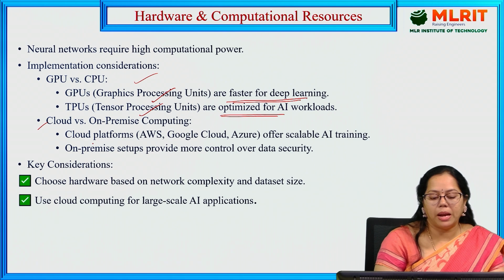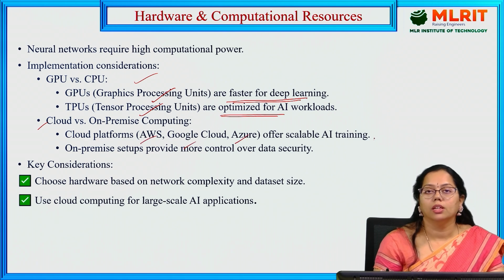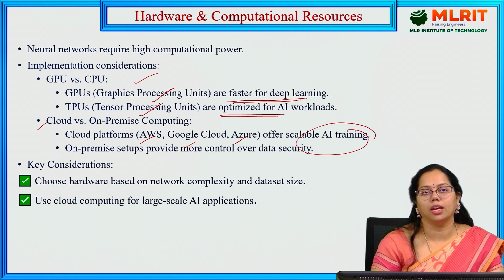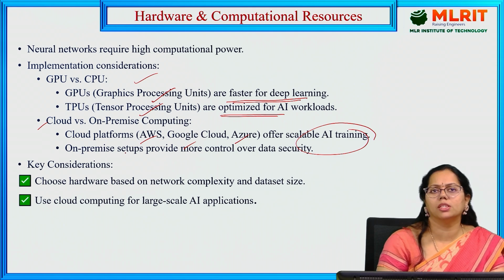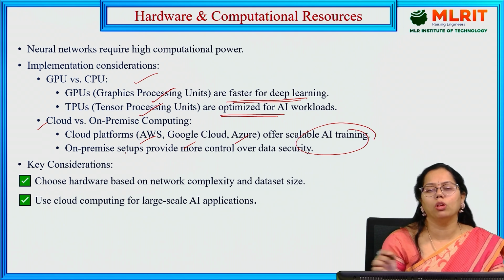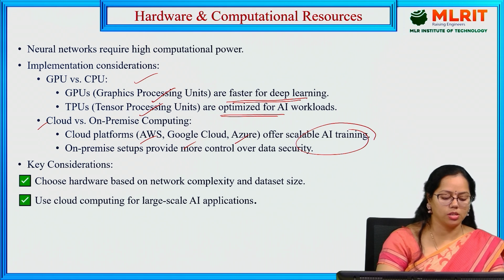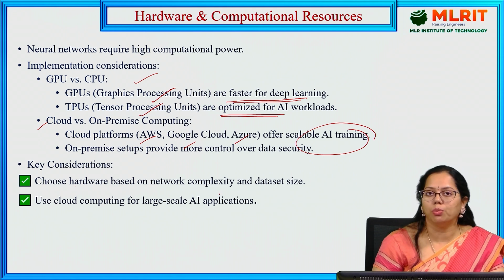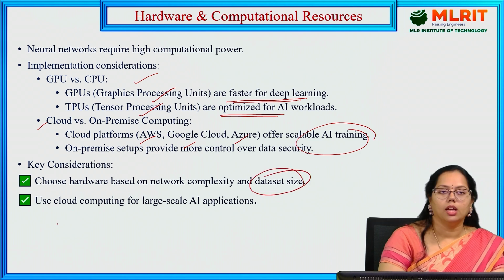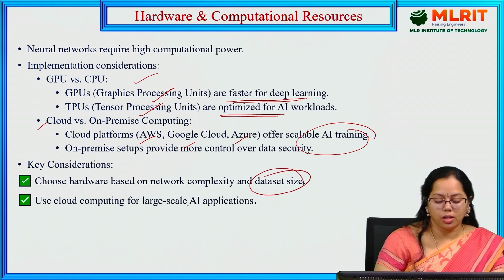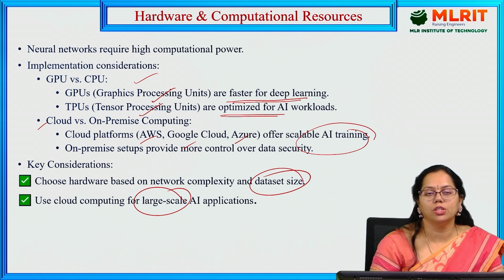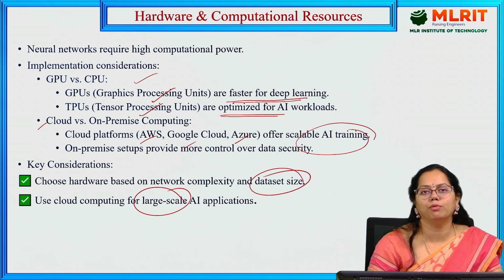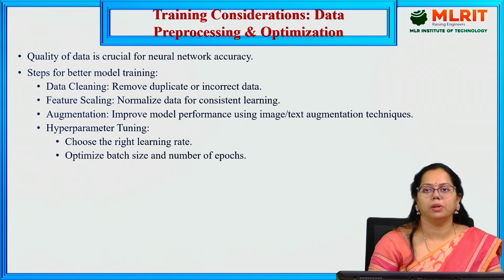Cloud platforms like AWS and Azure offer scalable AI training, and on-premises setups provide more control over data security. Hardware is chosen based on network complexity and data size, and cloud computing is used for large-scale AI applications.